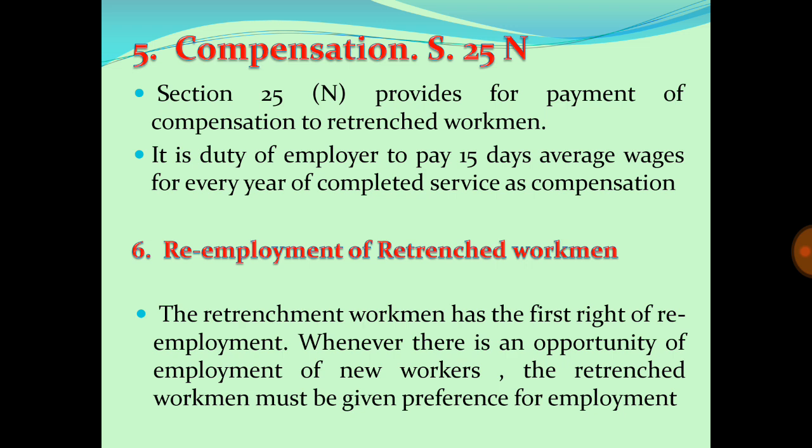Whenever there is an opportunity of employment of new workers, the retrenched workman must be given preference, because he was terminated as at that time there was no position available for him, but now the position is created. Therefore he must be employed first on that position. If that person is not available, only then will other persons be considered.